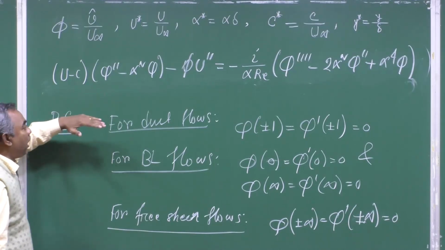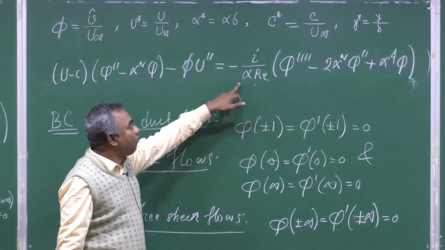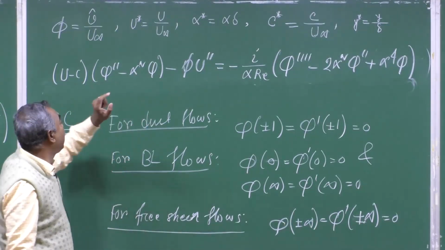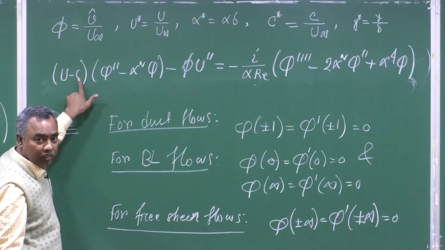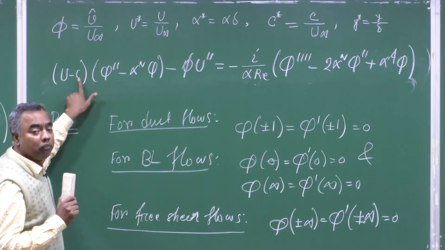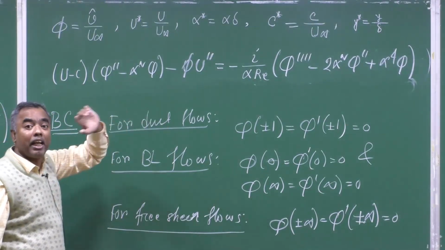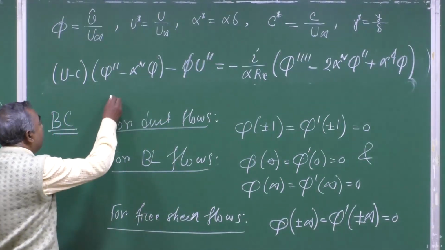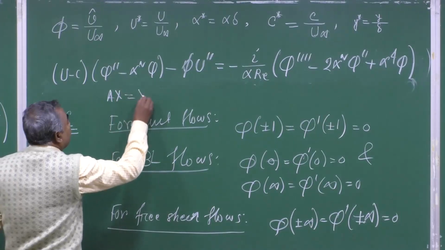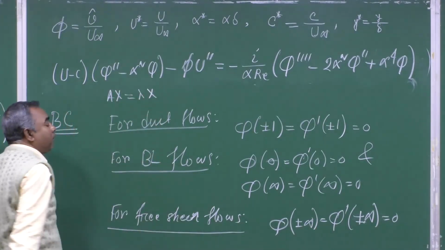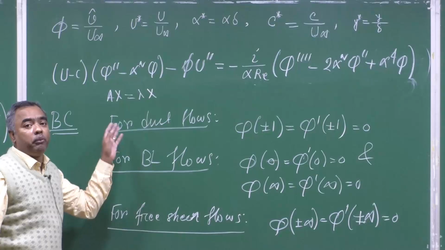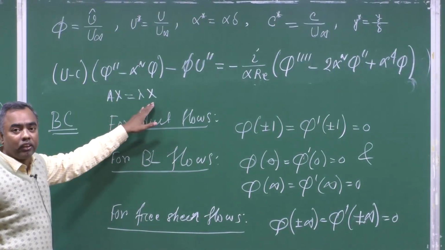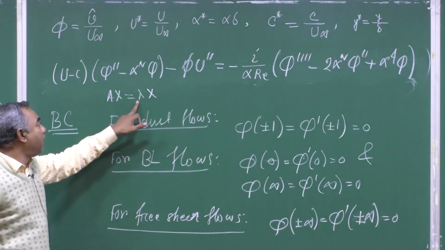So, that means what? For a given value of alpha and RE, this equation is going to be satisfied only for a particular set of C. Only for some particular values of C will this equation be satisfied, and those are the eigenvalues of this equation. Just like your eigenvalue problem Ax equals lambda x, where A is a matrix and lambda is the eigenvalue, x is the eigenvector, this equation will have a solution only for some particular values of lambda for a given matrix.